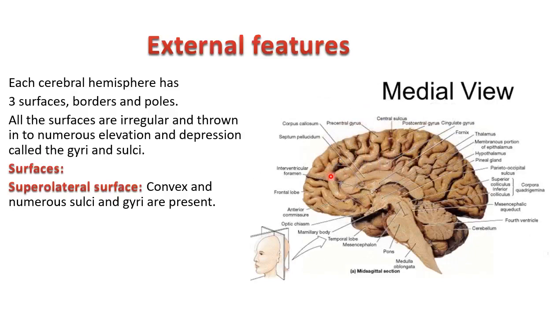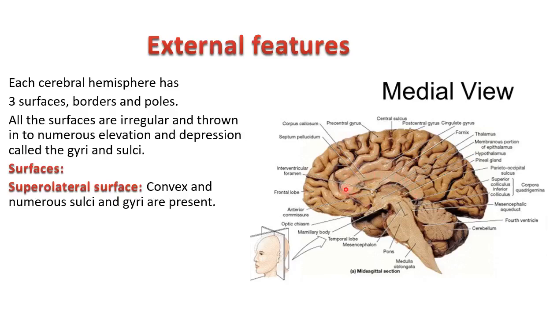The next surface you are able to see is the medial surface. Again in the medial surface you see numerous gyri and sulci. And one important aspect you come across is the corpus callosum.